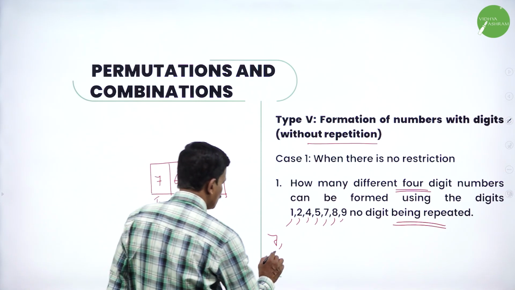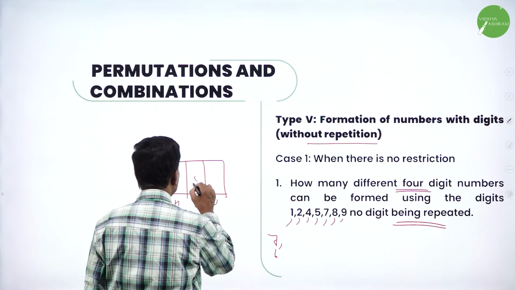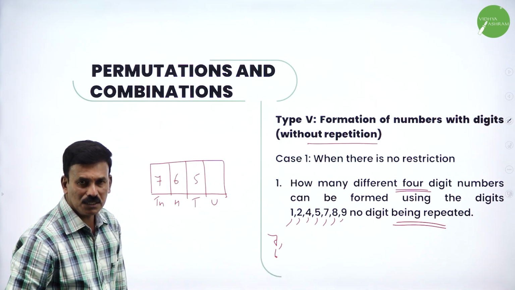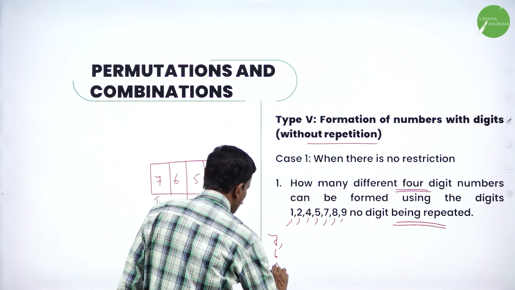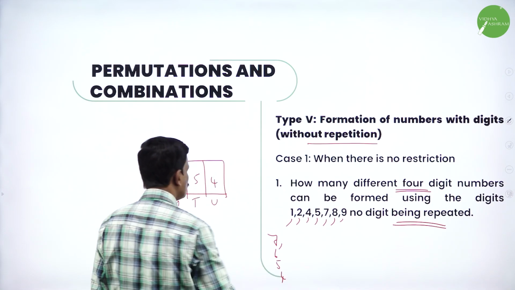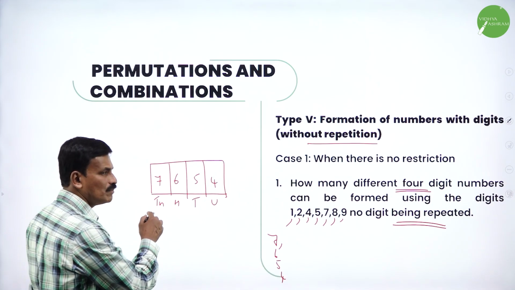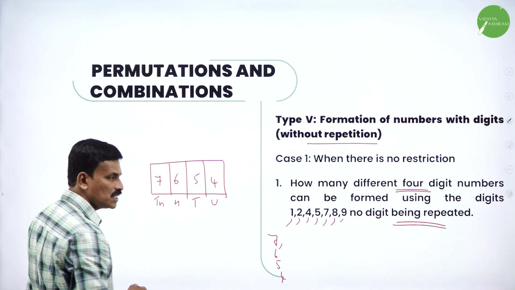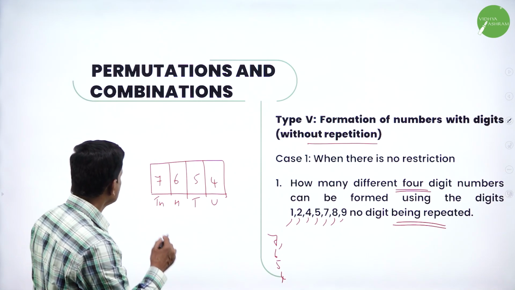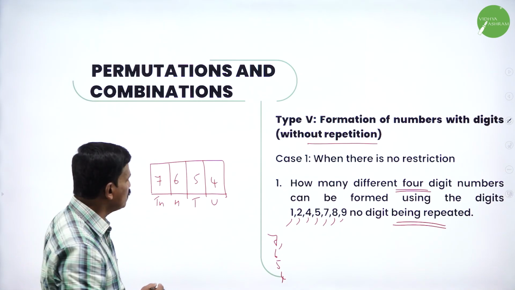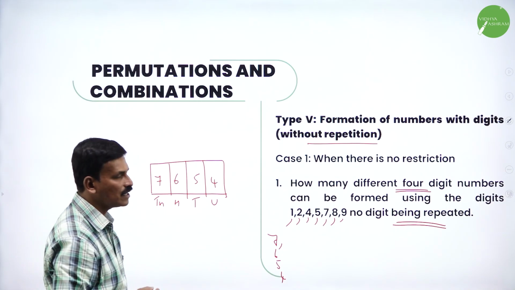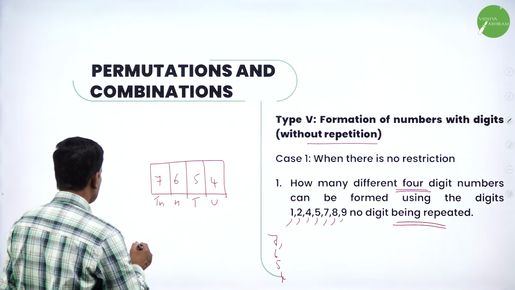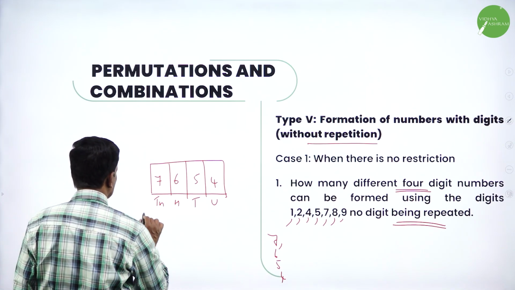Again, if you take one more element from this, the remaining 5 can be filled in 10th place and the remaining 4 can be filled in unit place. So in this way we are going to arrange the required permutation.